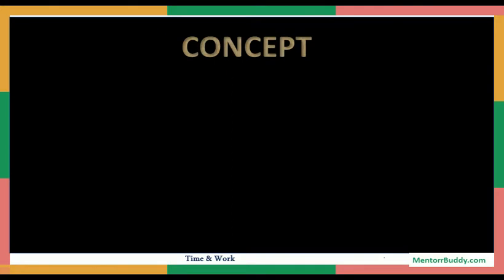The concept says that A is one man who finishes a certain piece of work, let's say, in 4 days, and B is another man who finishes the same task in 5 days.